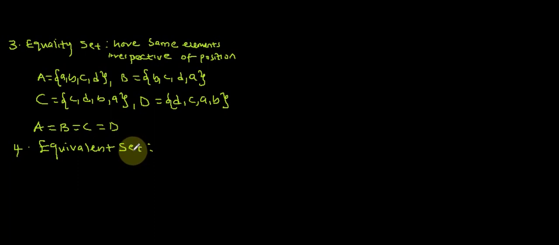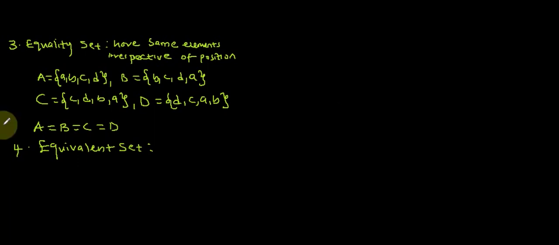Equivalent set. When we are talking about equivalent sets, two sets are said to be equivalent if there is a one-to-one correspondence between the elements in the two sets. If there is a one-to-one correspondence between the elements in two or more given sets, we call those sets an equivalent set.